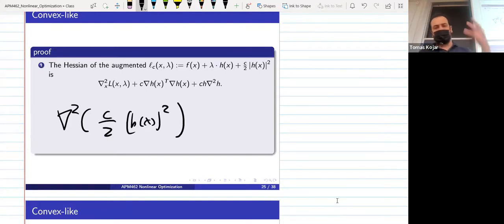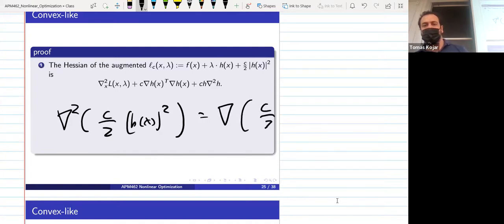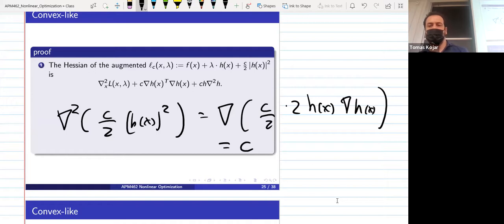Is what? Well, you do it once and you get C over 2 times 2 h of x gradient of h. Okay. And then you do it again and you use product rule.